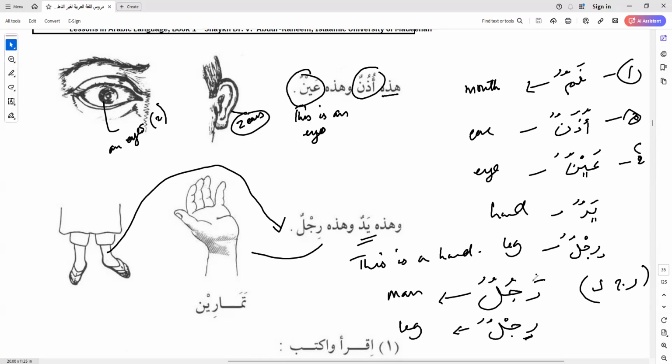Rijlun, rajulun. Rijlun is your leg. So you have two legs, you don't have one leg. Since they are two, we classify them as feminine objects. So we say هذه رجل وهذا يد. So that is it for today.